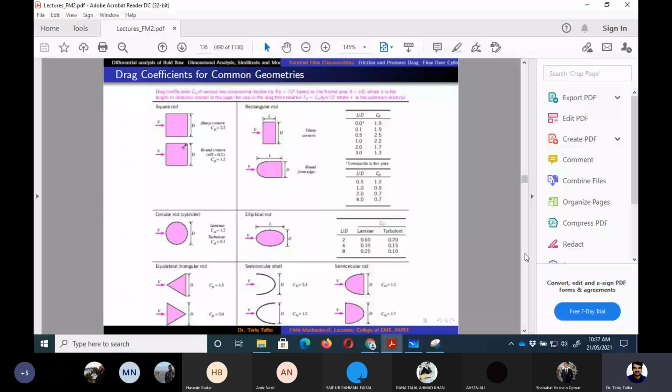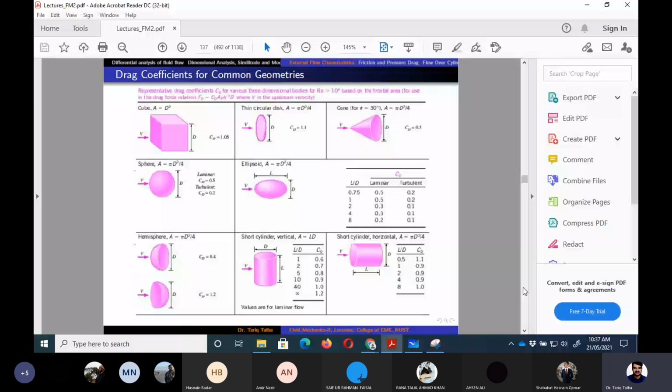CD values are calculated for different kinds of geometries, shown here on this slide, for two-dimensional and three-dimensional bodies. We can calculate CD as a function of Reynolds number, and conduct numerical experiments to get the value of CD for different types of geometry, and CL as well.